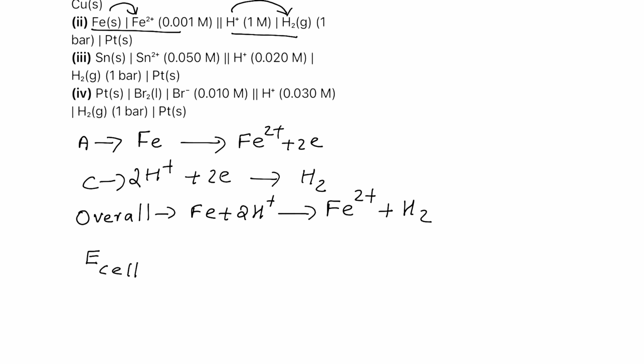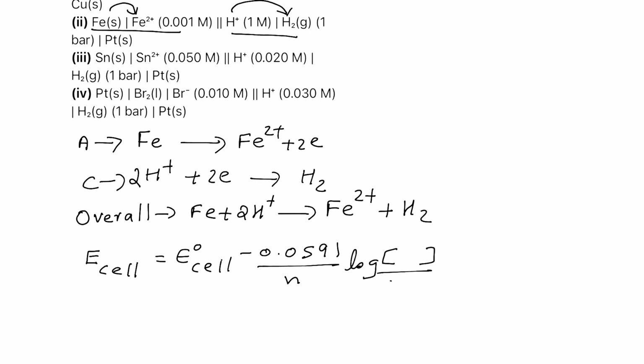E cell is equal to E0 cell minus 0.0591 by n log concentration of anodic ion by concentration of cathodic ion. What is the anodic ion here? It is of course Fe2+, right? And what is the cathodic ion? It is H+. And what is the coefficient of H+? 2. That becomes the power. Remember it. Most of the students make that mistake; they forget to put this 2.